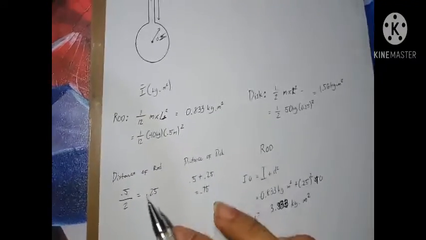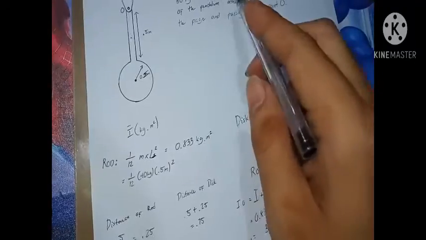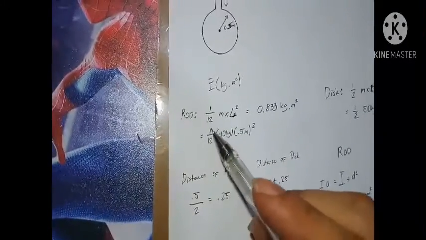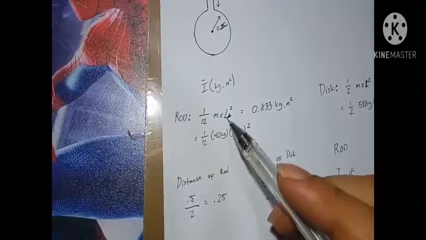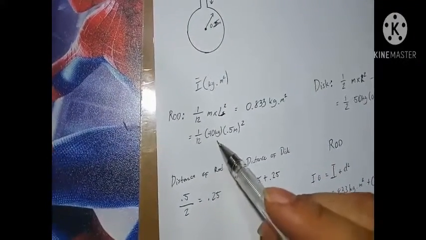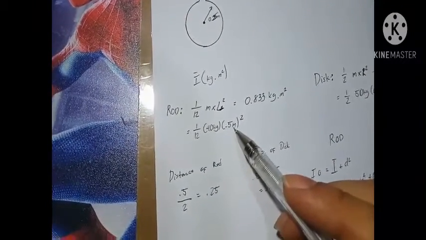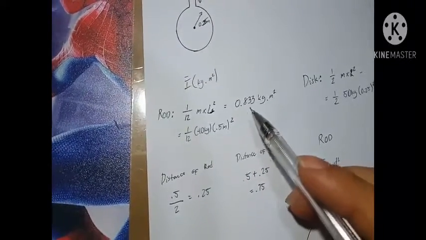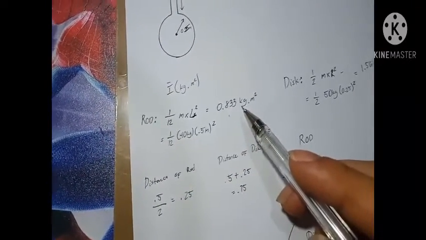First, we have to solve for the rod. Using the constant 1/12 times mass times length squared, we have 40 kilograms times 0.5 meters squared, divided by 12, and the answer will be 8.33 kilogram meter squared.